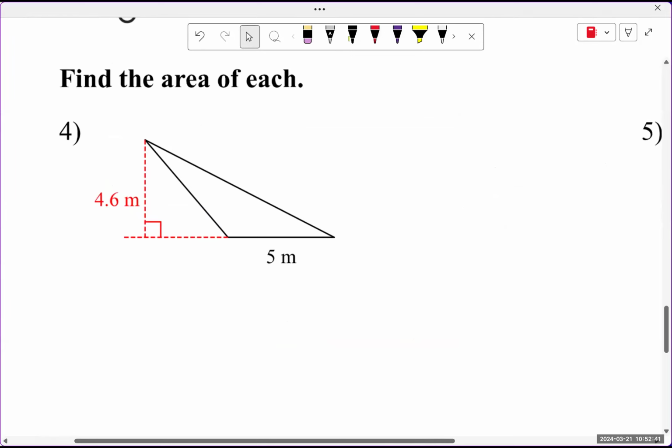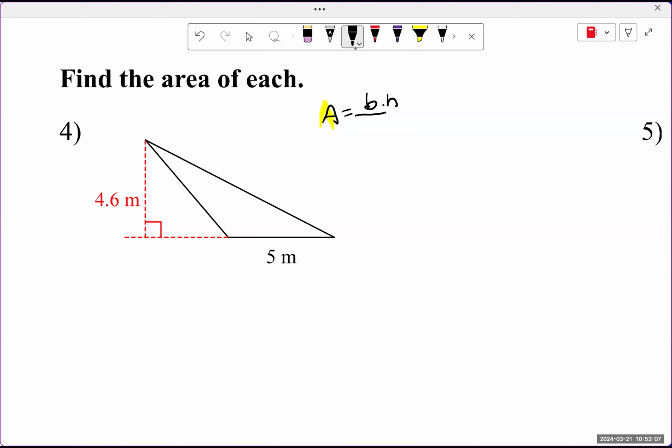Find the area. So I need the formula. First of all, what is the name of this shape? Okay, triangle. So area of a triangle, what's our formula? One half base times height.